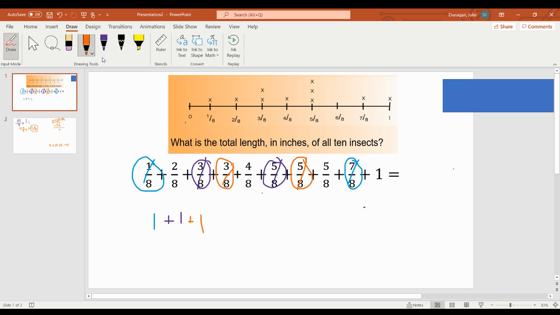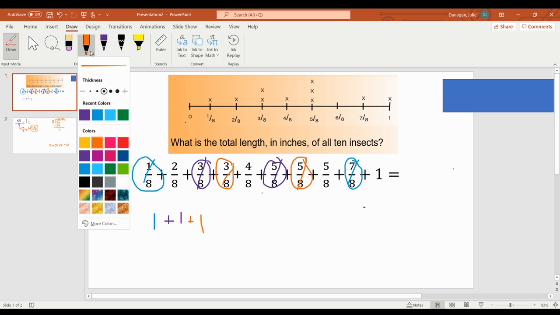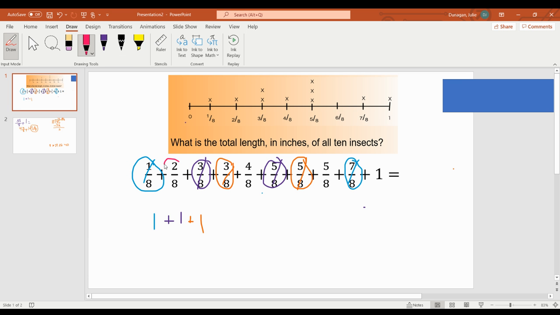Okay, let's see. I have a 2/8, a 4/8, and a 5/8 left. So I'm going to circle those. I cannot get an easy number out of that, can I? But I know 5 plus 4 equals 9, plus 2 more is 11, so 11 eighths.